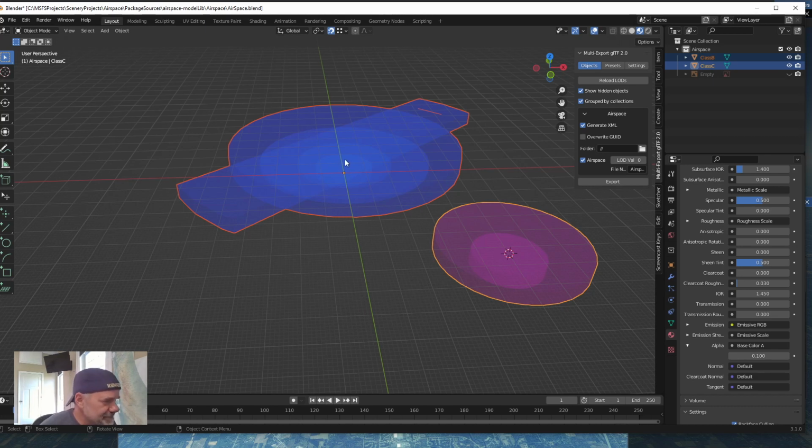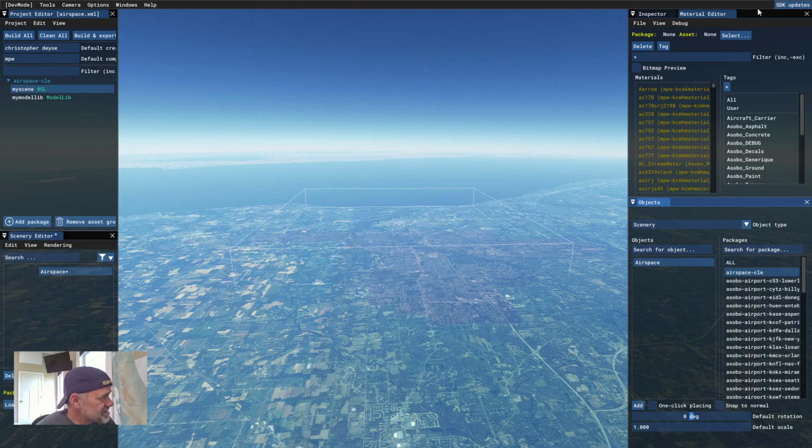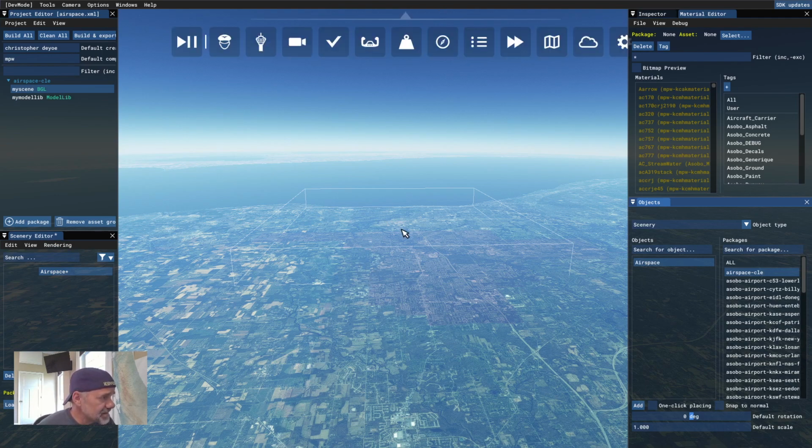But anyway, just quick and dirty. So I created a scenery project called the Airspace, and I put my model into that space.